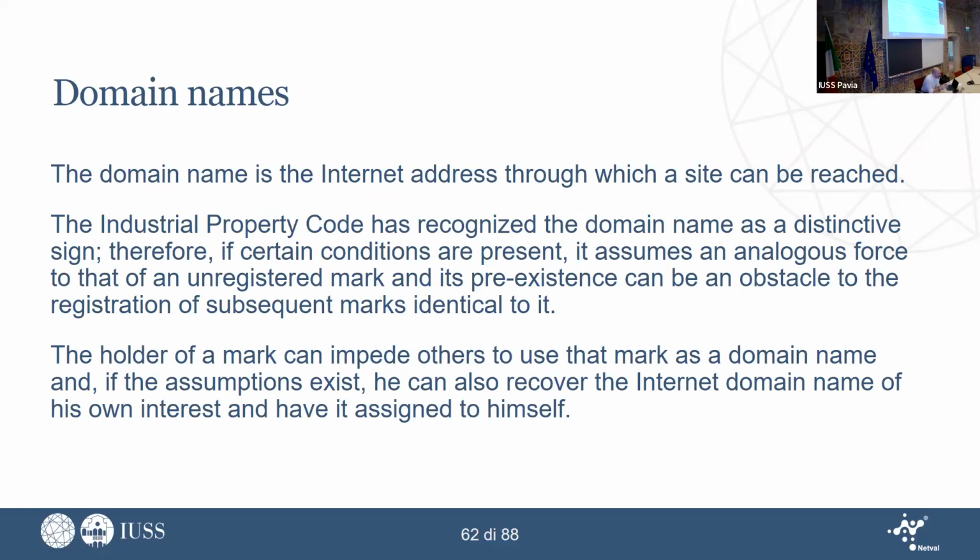We can also protect a domain name. The domain name is the internet address at which a site can be reached. www.iuspavia.it is the domain name of the IUSS school. And the Industrial Property Code recognizes the domain name as a distinctive sign. So under certain conditions, it could be considered an unregistered trademark.